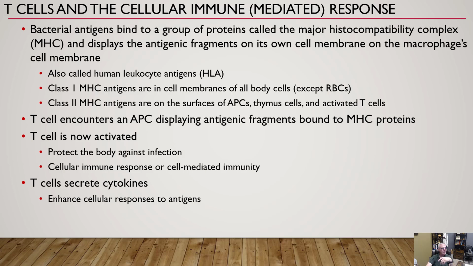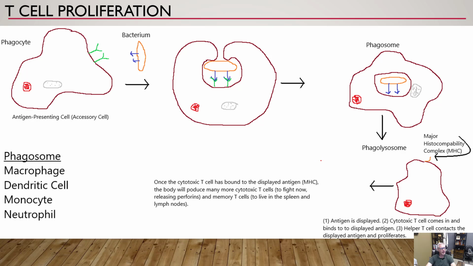So if we look at this picture, we still have the same picture, but then we put that piece of bacteria on our cell wall with our MHC complex. We've displayed the antigen, and then that T cell is going to come in and bind to that displayed antigen, that helper. And then we haven't talked about helper T cells, but we will.